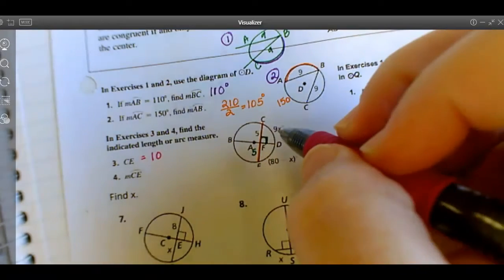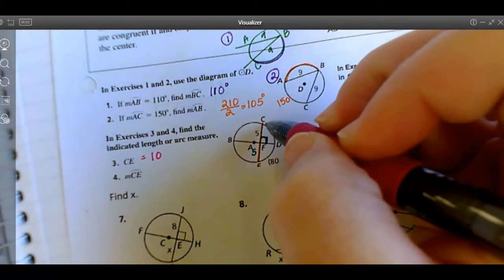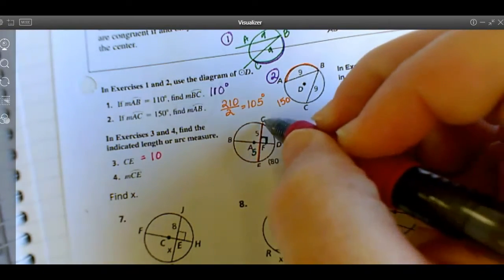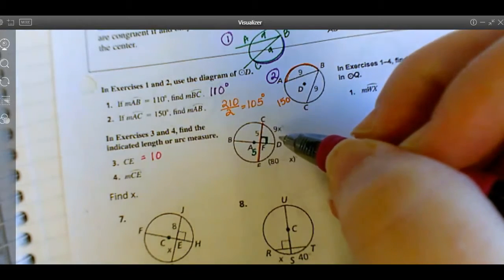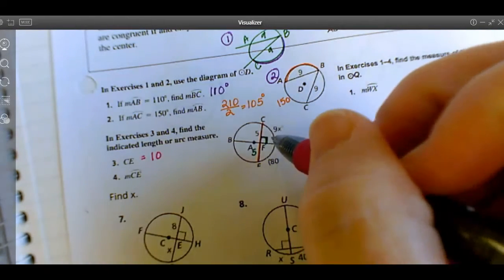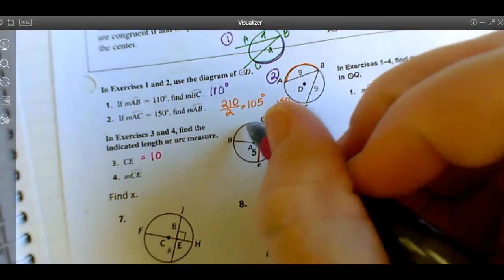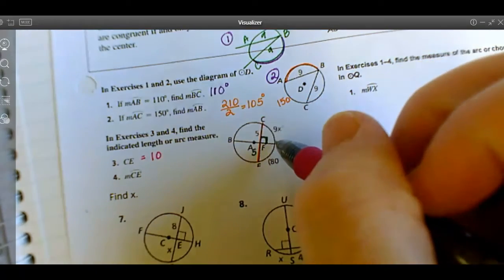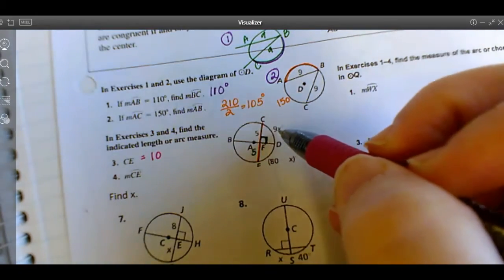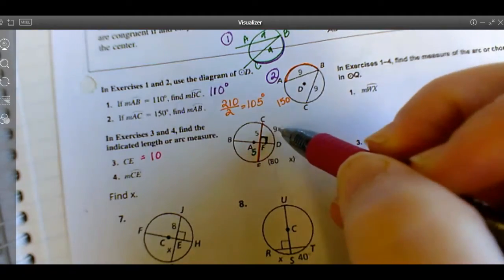Okay, next it wants me to find the arc C to E. Now, that's not 180. And so this part right here would be the 180. B to D is 180. So what that means is that this one and this one are going to have to be the same.